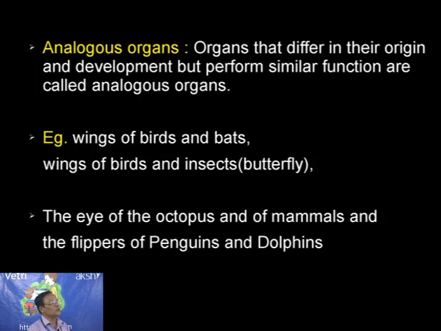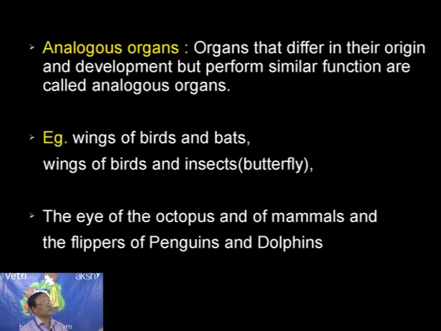So origin-wise, the wing of insect and the wing of bird are different. But both are performing one common function, namely flight. And such organs are called analogous organs. Organs which have different origin but perform the same function. So the origin is different, development is different, but function-wise the same. Such organs are called analogous organs.